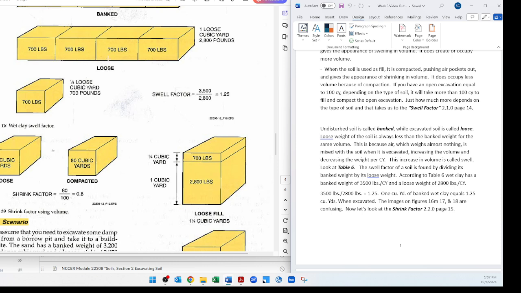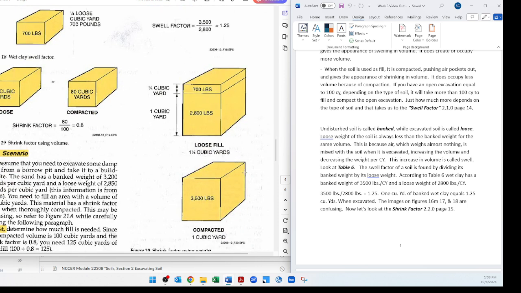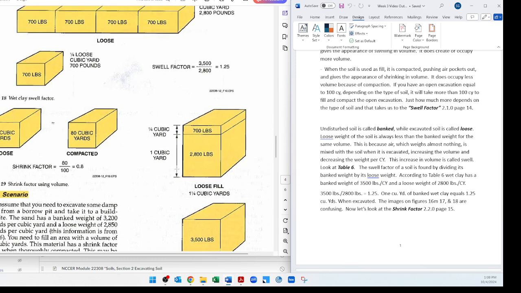This would be 1, 2, 3, 4. This would be 2,800 pounds. And 0.25 times 2,800 is a quarter, and that's 700 pounds. Anyway, you can use these for your own if you want. I mean, I just don't like them. I stick to the math, and that's what I got over here mostly, is the math we're going to use.